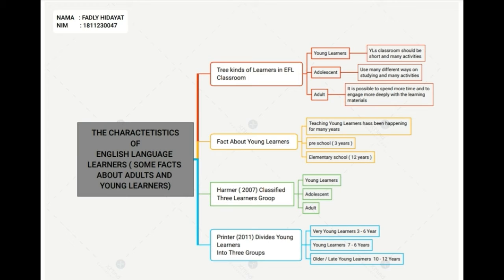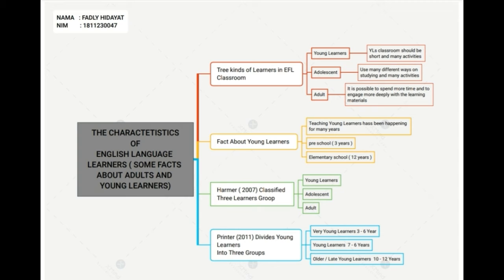In the past, young learners referred to students between 5 and 12 years of age. But today, young learners start from preschool at 3 years to elementary school at 12 years old.